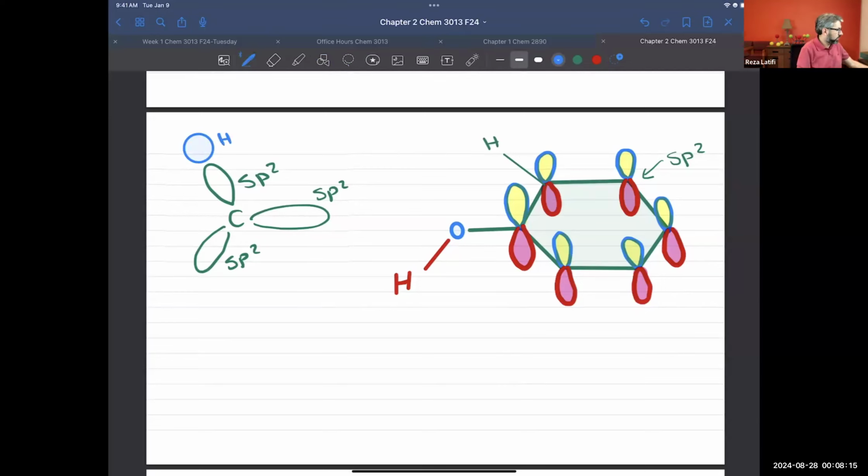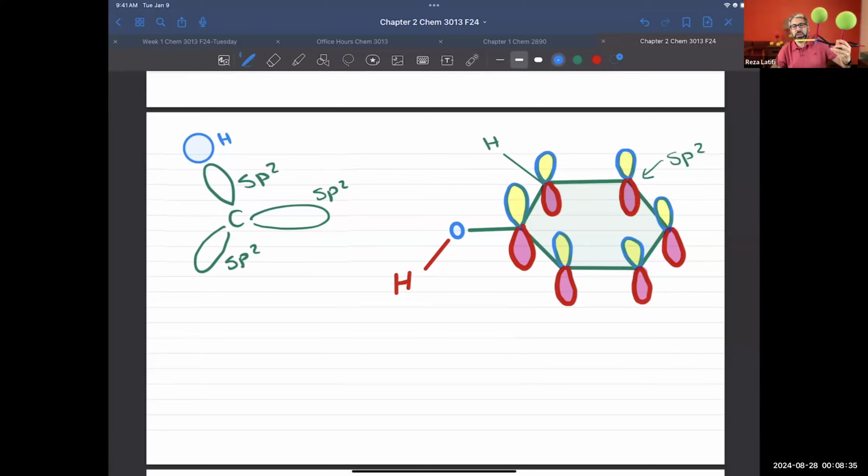So now let's show. Greens are the pi bonds, and this is hydrogen. Hydrogen is at 90 degrees to the pi orbital.